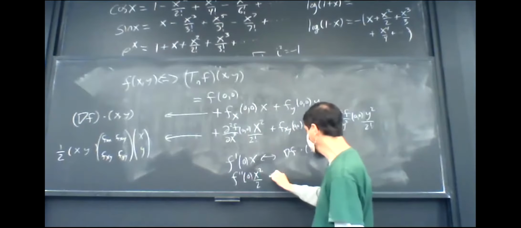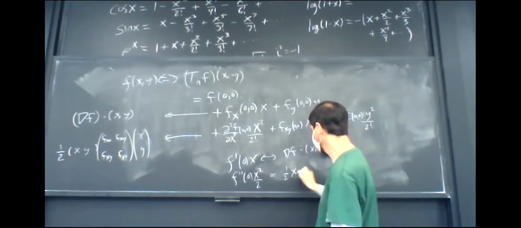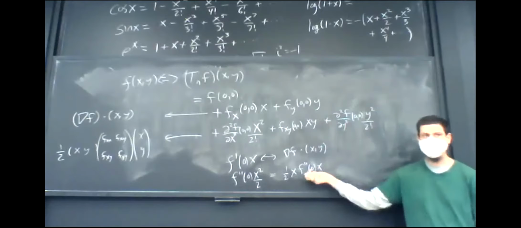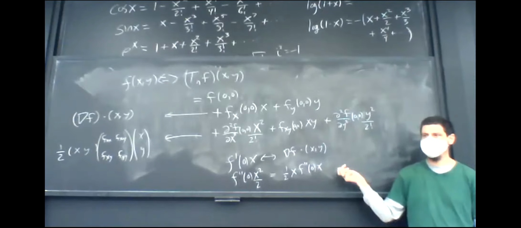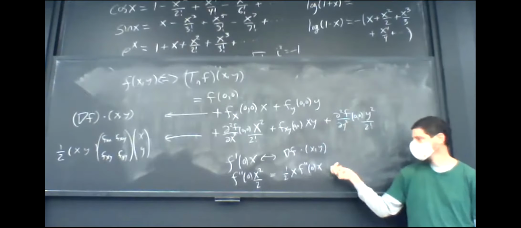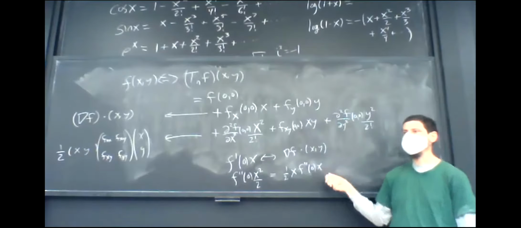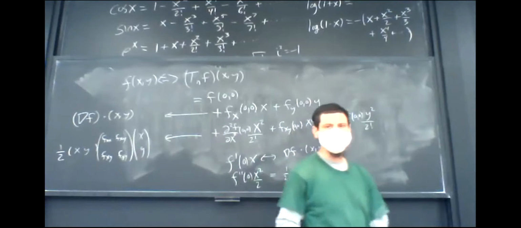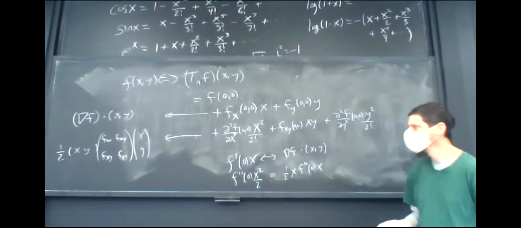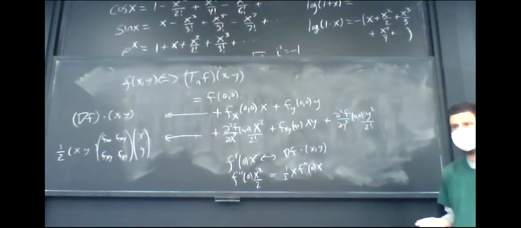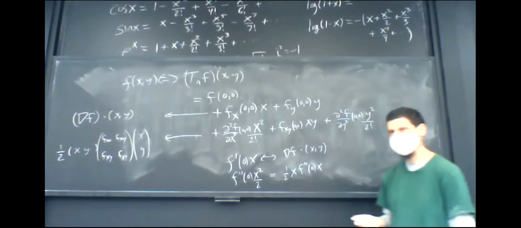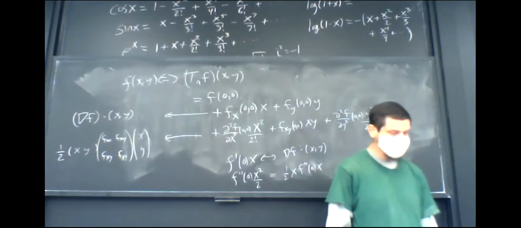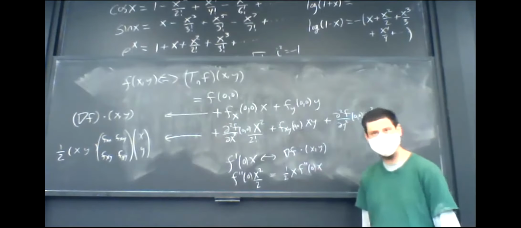It turns out the way you view that is it's 1/2 x f double prime of 0 times x, and you convert this to vectors and matrices. And when we replace x with xy, how can I actually combine these things? That's where this is coming from. So rather than going into the full general theory, I just wanted to give you a quick rough sense of where it's coming from.